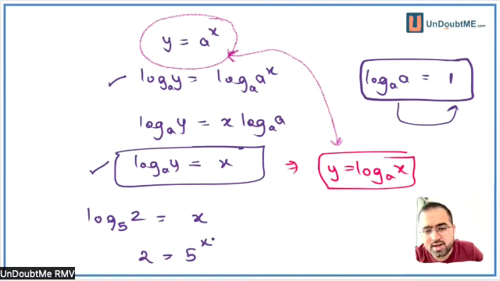And this is the fundamental definition of log, that power to which base must be raised. Who is the base? 5 is the base. Power to which means this value, whichever is written on the right hand side. So power to which base must be raised to get the number. Get the number means the number for which we are trying to find the log is called log of a number.